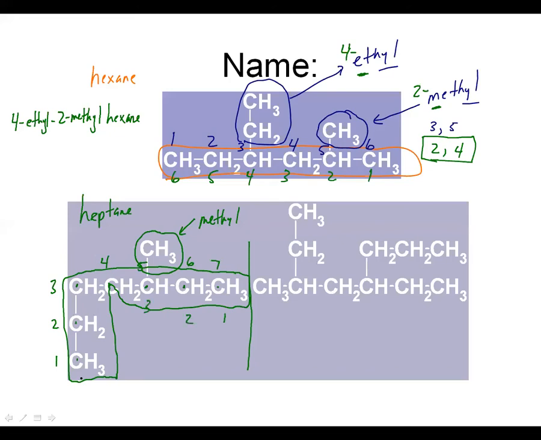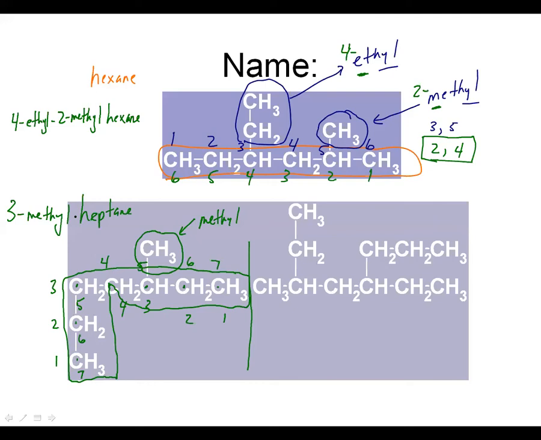So obviously going right to left gives our methyl group a number of 3. Left to right there gives us a 5. So we do want to go with the 3. So putting that together, 3-methylheptane, all one word there. In that case, any questions on that naming there?